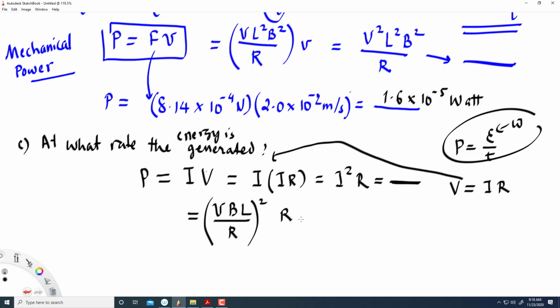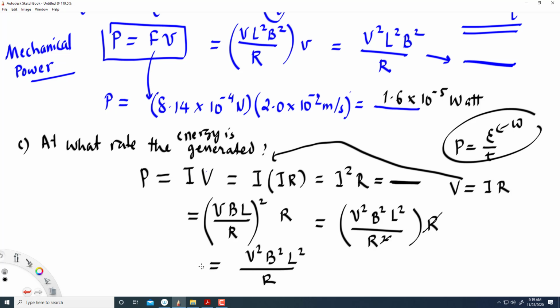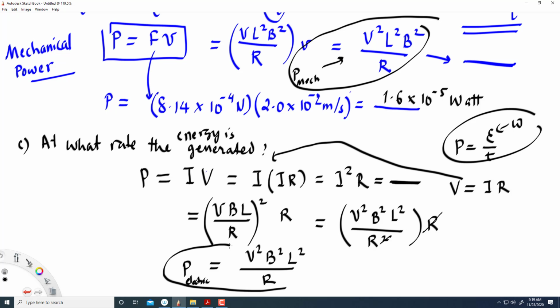Times R. So that's V squared, B squared, L squared, R squared. That's squaring everything, and then one R will cancel. So V squared, B squared, L squared over R. This is electric power. This is mechanical power. What do you see here?